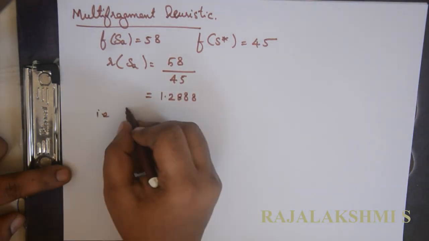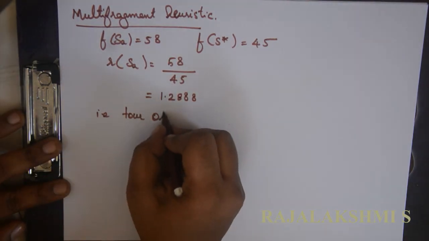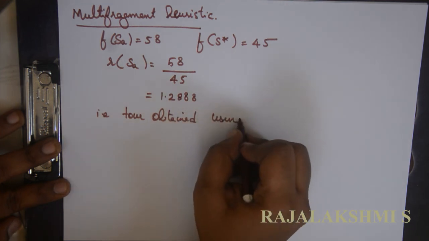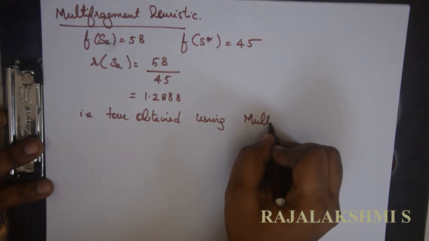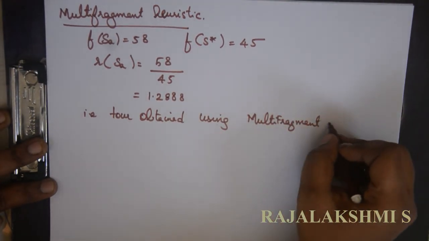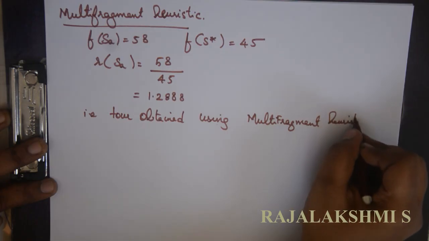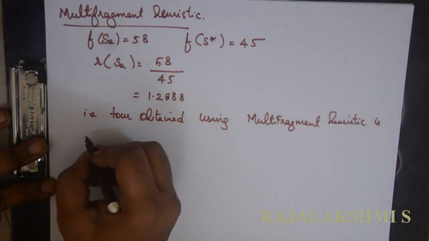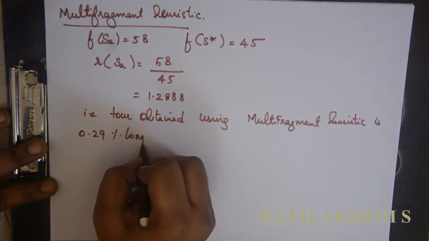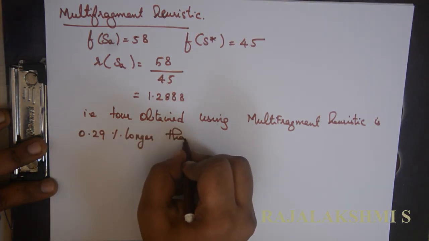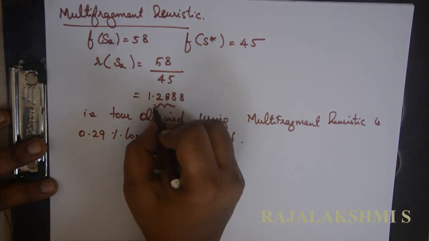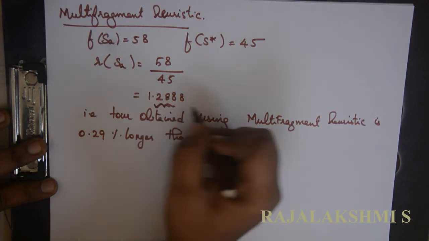So the tour obtained using the multi-fragment heuristic is 0.29% longer than exact. Okay, we should consider the values after the decimal point.